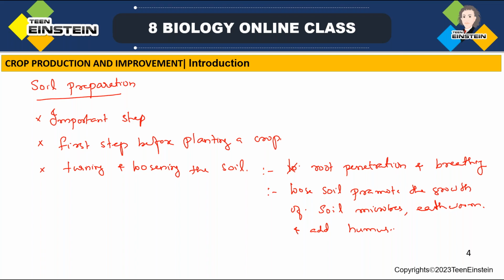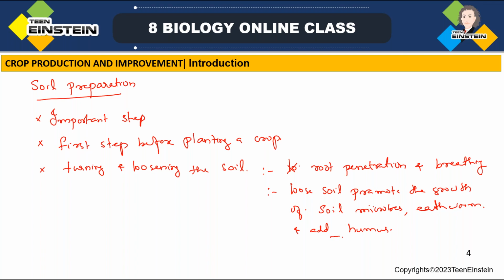As a result of all these, before beginning the cultivation, it's very important. See, it is providing many things. Root penetration is easy when we make the soil loose. Breathing also becomes very easy. The loose soil promotes the growth of soil microbes, which are very important in the growth of a crop, and that promotes the growth of earthworms and microbes, and that adds humus, right?